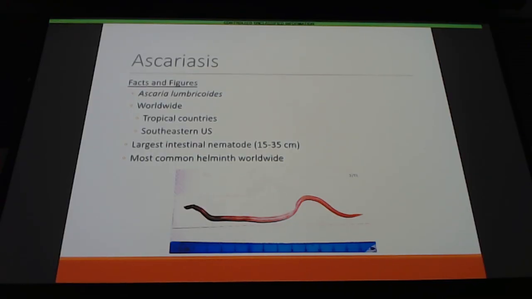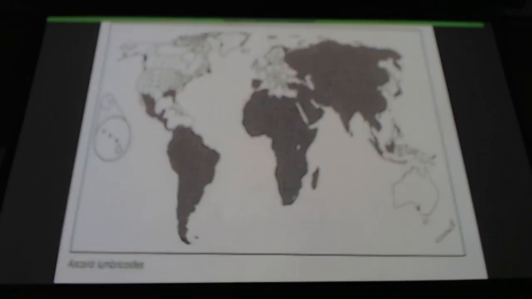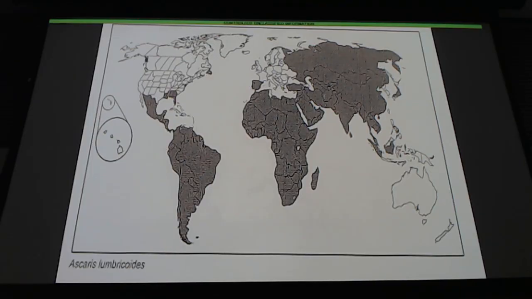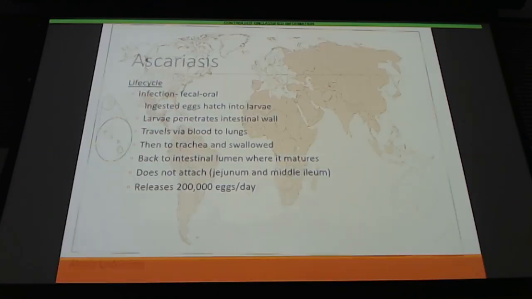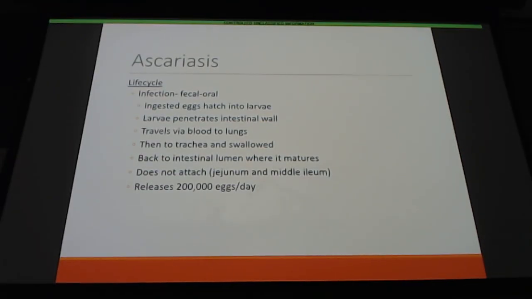You're going to have contaminated vegetables, food, or water also, and spread this. Here's everywhere in the world that it's at. As you can see, it's almost everywhere, to include the southeast U.S. Fecal oral, ingest the eggs.